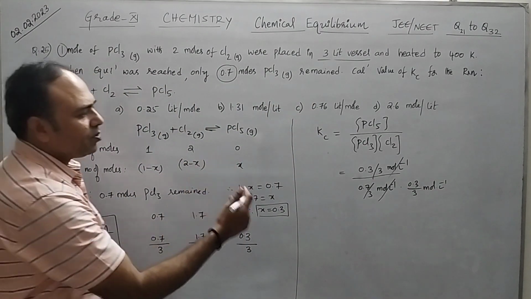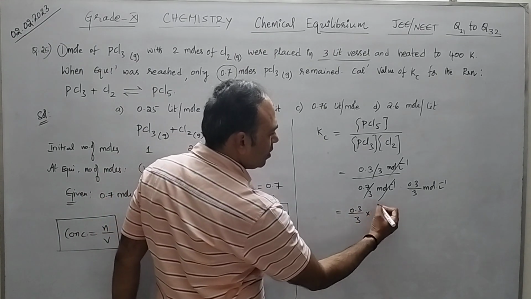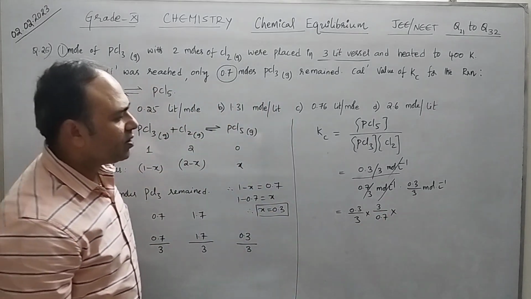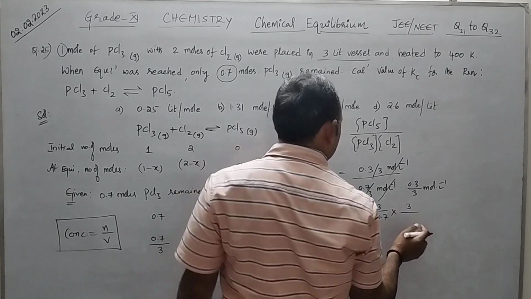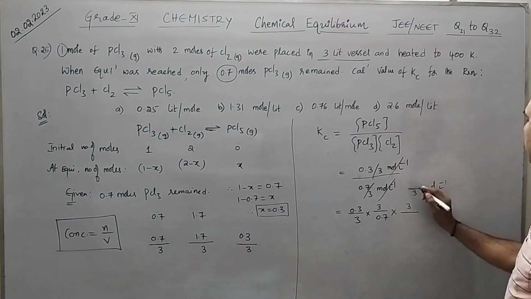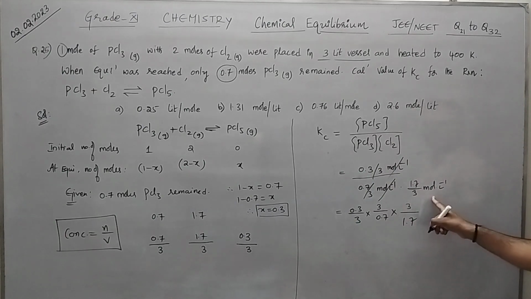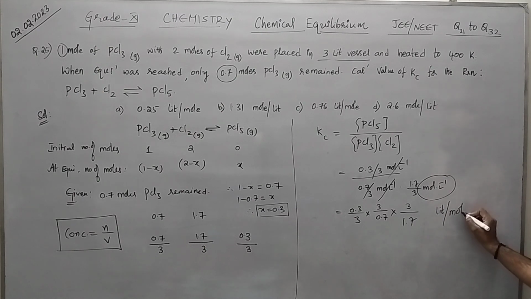Now reciprocate this, what you get? 0.3 by 3 into 3 by 0.7 into, for Cl2, so what is Cl2 concentration? 1.7 by 3. So 1.7 by 3 will become 3 by 1.7. Now it is in the denominator, mole per liter. If it comes to the numerator, it will be written as liter per mole.